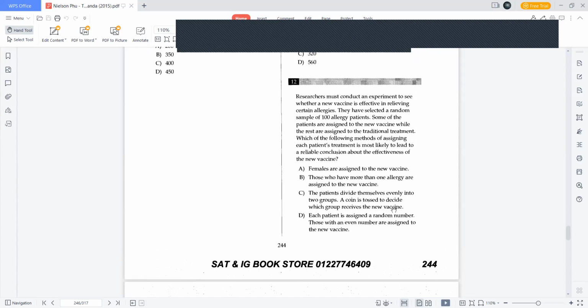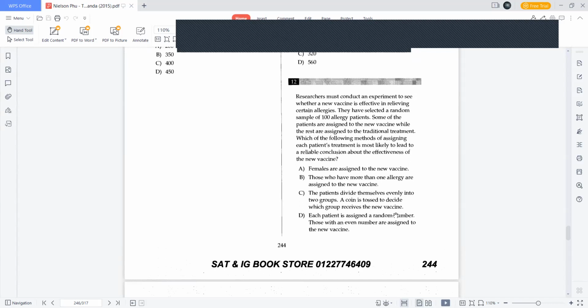It says each person is assigned a random number. If it's a random number, those with an even number are assigned.